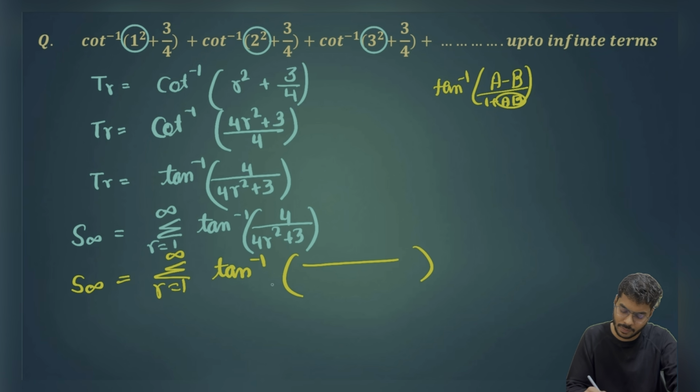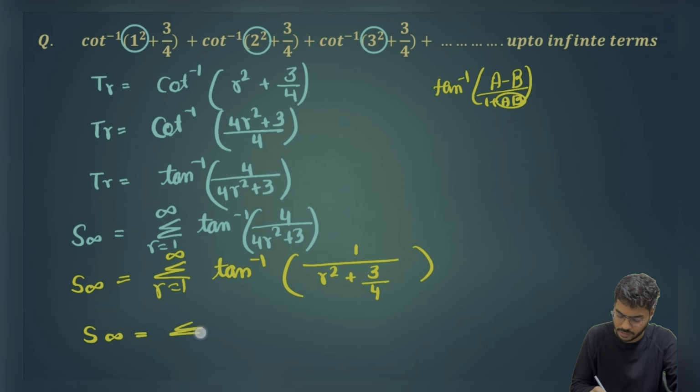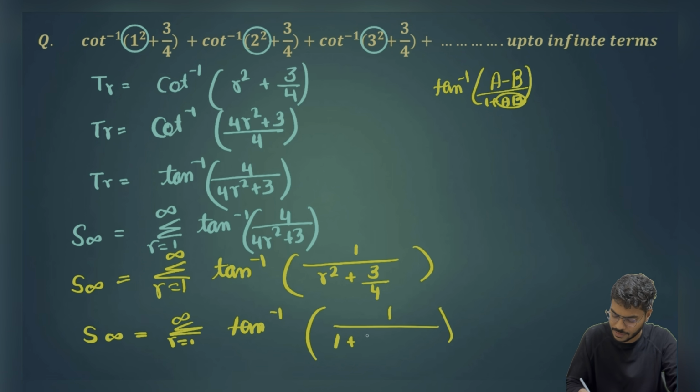Can I divide by 4 in the numerator and denominator? So what is left? 1 upon r square plus 3 by 4, which is nothing but the general term, right? What I will do, I will add 1 and I will subtract 1. If I add 1, I have to subtract 1 also.